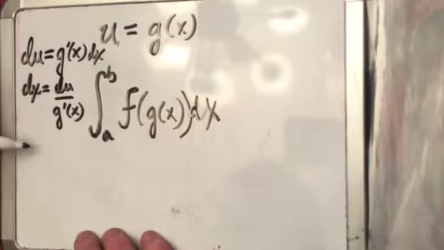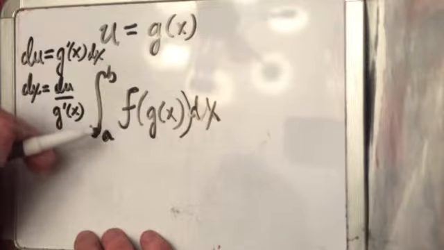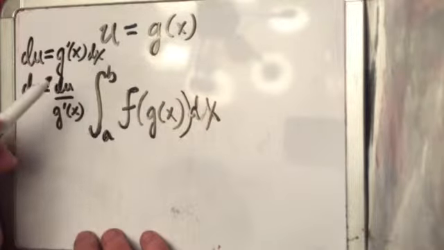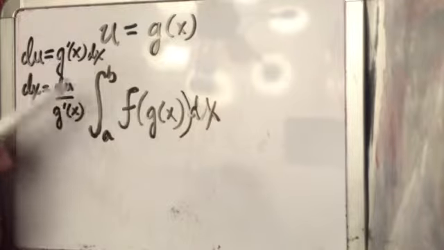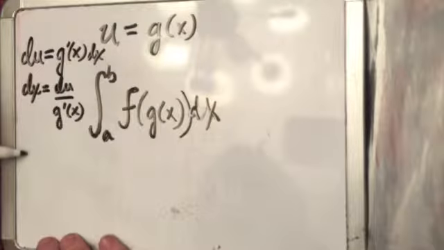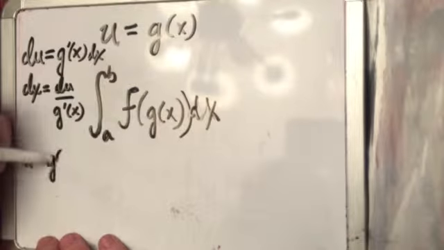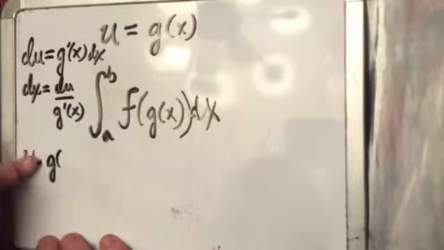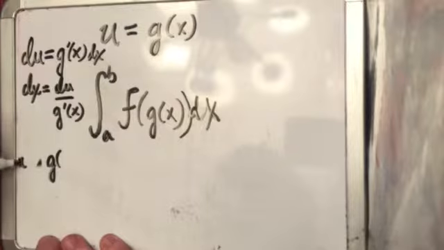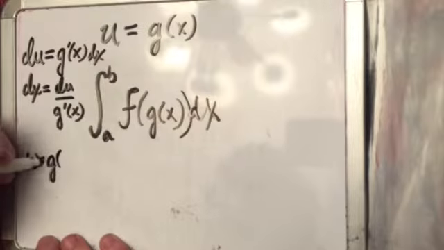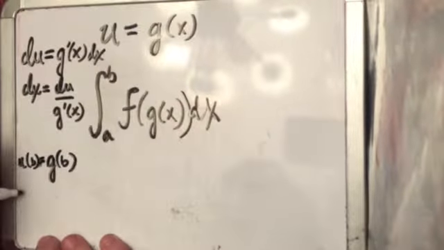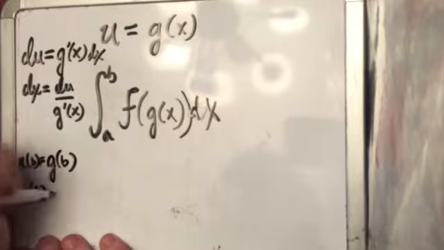And so you also want to change the limits of the function, which are a and b, by evaluating them at the u function. So the u at b is g of b, and u at a is g of a.